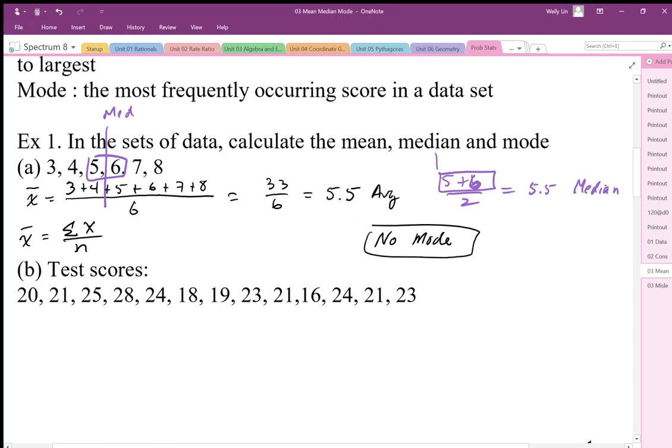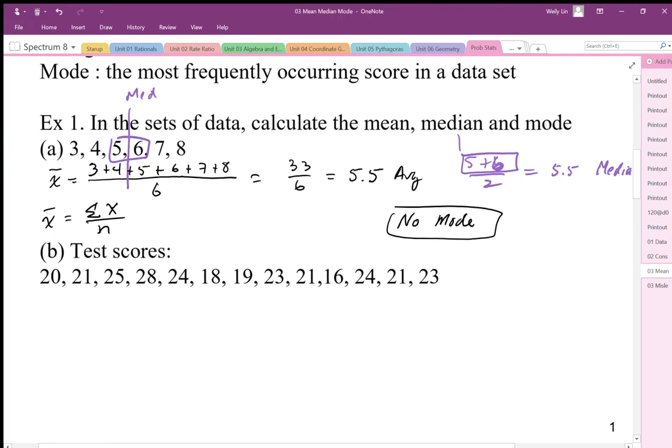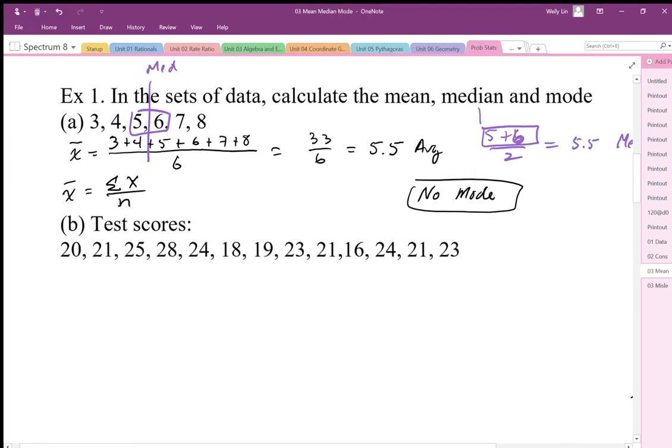Okay. All right, so let's take a look at these test scores here. There's a whole whack of them. To find the average, we're just going to add them all up. So we're going to take the sum of all the scores and then divide it by 1, 2, 3, 4, 5, 6, 7, 8, 9, 10, 11, 12, 13 scores. Okay, so we're going to divide it by 13.